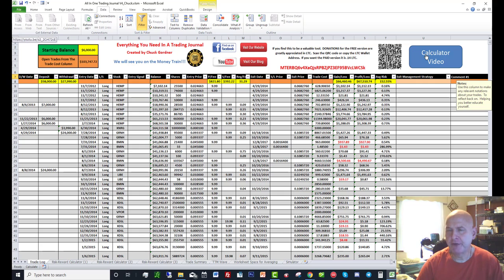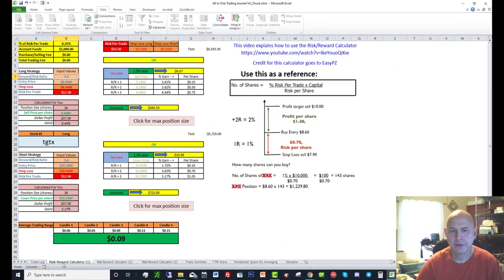There's a calculator video. If you want to watch this video while you're using the calculator, you'll just click this calculator video link. The next sheet in this all-in-one trading journal is a risk-reward calculator. Now you're going to notice at the bottom of this sheet that I have 3 risk-reward calculators.